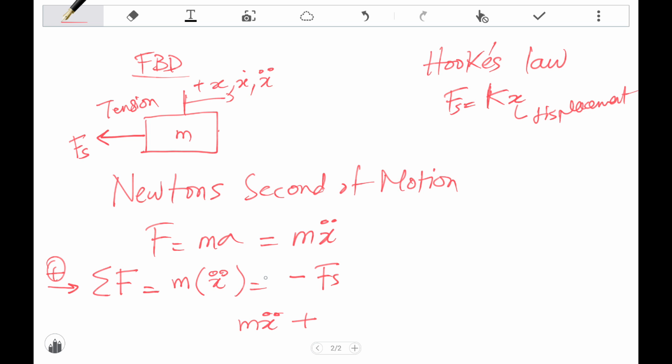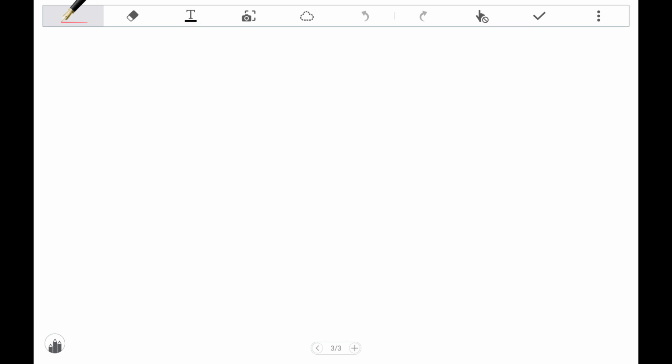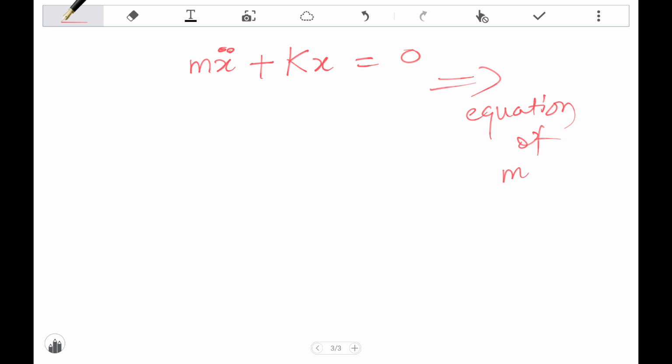We're going to bring the force to the other side of the equation, so it's going to be a positive F spring equal to 0. So rewriting that again, m x double dot plus kx equals 0. That's your equation of motion right there. That's as simple as it gets.